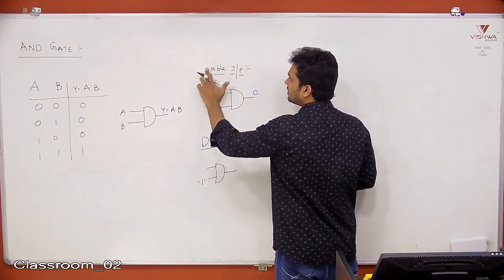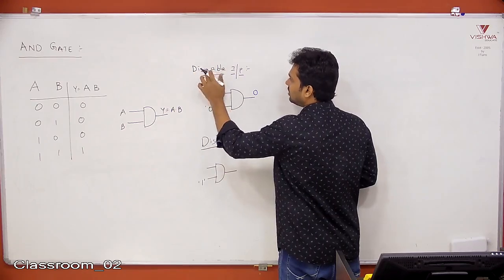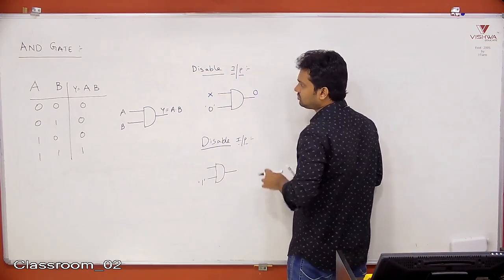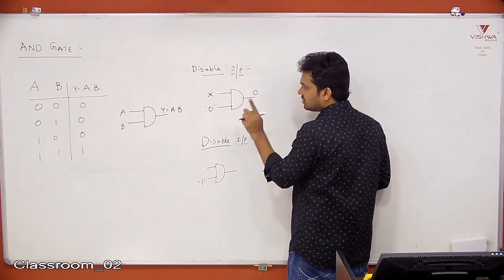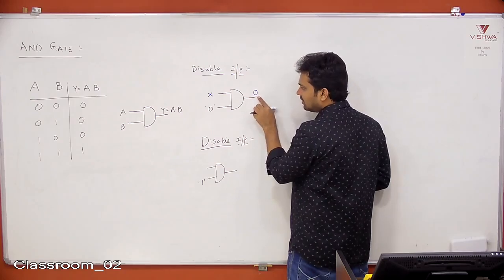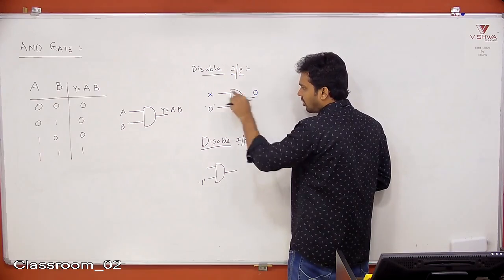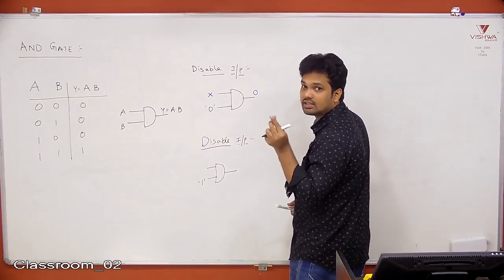We call this disable input. What is the meaning of disable? Disable means the output is fixed at one point. It is not depending on the second input. Then we can say the gate is disabled.